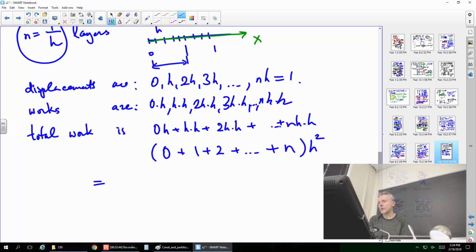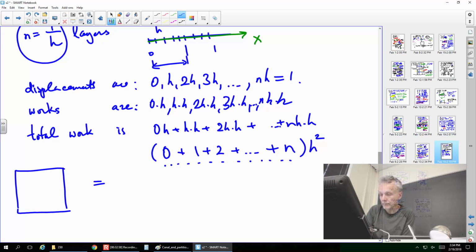Okay, the summation, I'm not sure if you have seen this summation. Have you seen the summation before? The sum from 0 to n? Like this.